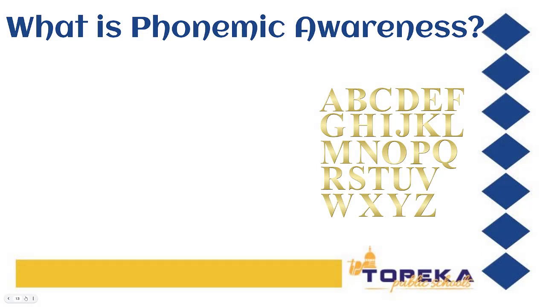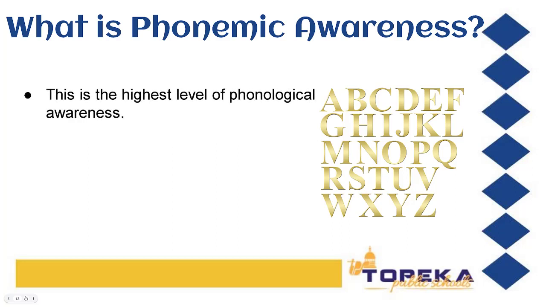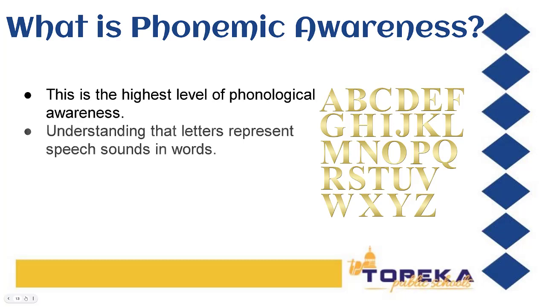So as we are transitioning to the phonemic awareness piece, notice that's the most difficult part within the phonological awareness process. So phonemic awareness, again, is the highest level of phonological awareness, and it's understanding that letters represent speech sounds in words.